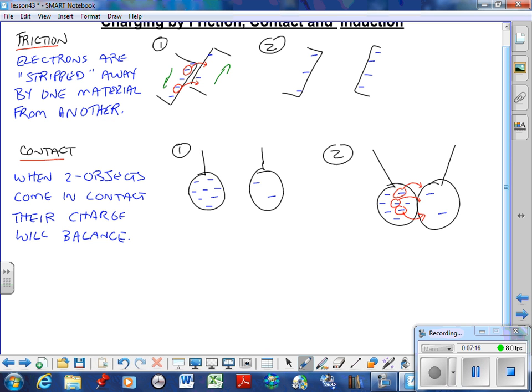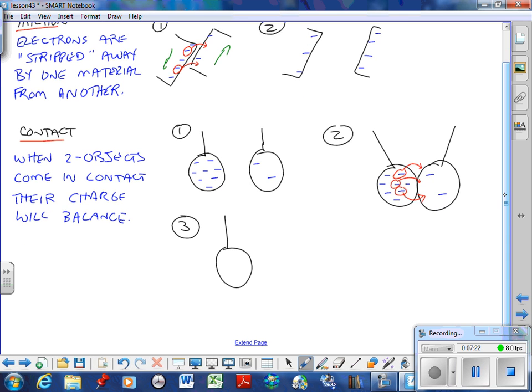So at stage 3, they then have the exact same charge. Stage 3, they come apart. Now we've got 5 and 5. Okay, and that's when you have that contact, you're charging by contact. Okay, so they balance themselves out.